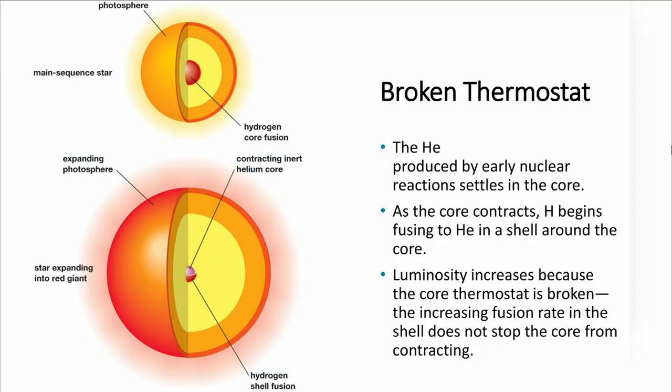And so there's more energy now spreading throughout the whole star, and so the star is going to expand to try to cool off, to dissipate that extra energy. And so that's why the star puffs out when it reaches this stage where there's a hydrogen fusing shell but an inert helium core.